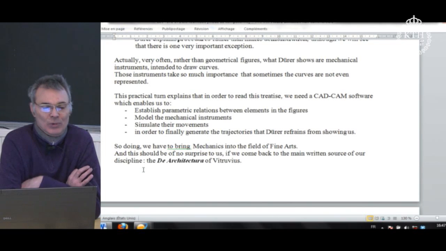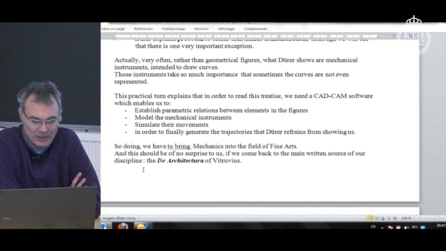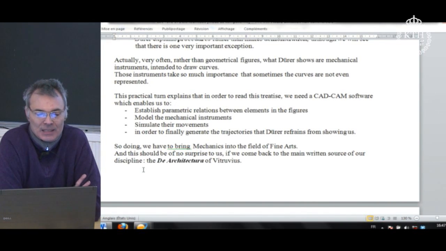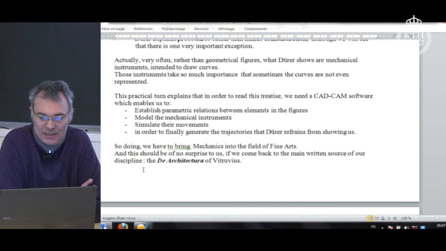So this practical and mechanical turn explains that in order to read this treatise, we need a CAD/CAM software which enables us to establish parametric relations between elements in the figures, to model the mechanical instruments, to simulate their movements, in order to finally generate the trajectories that Dürer refrains from showing us.